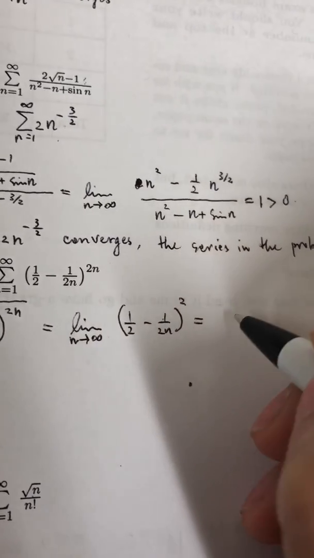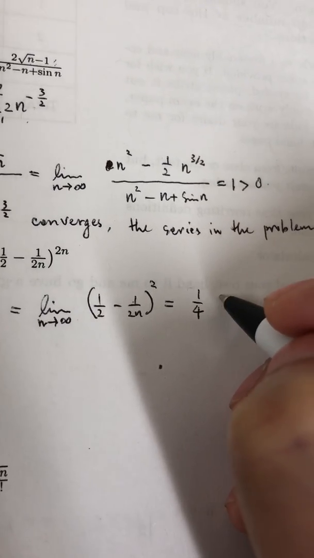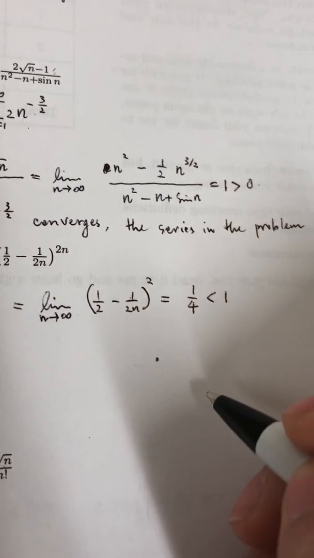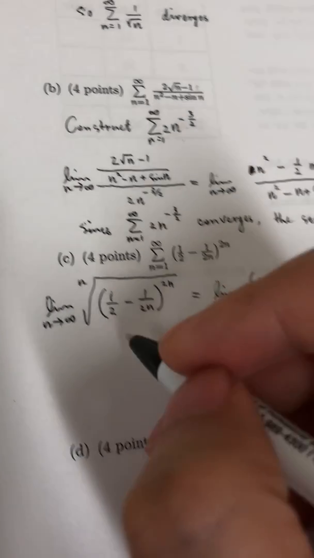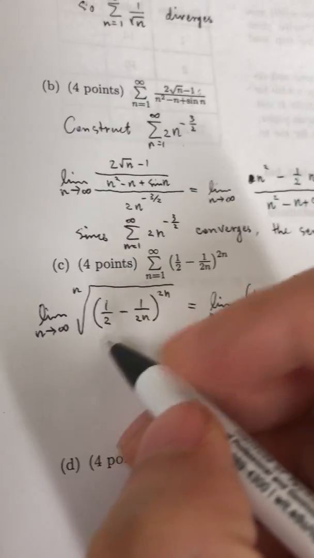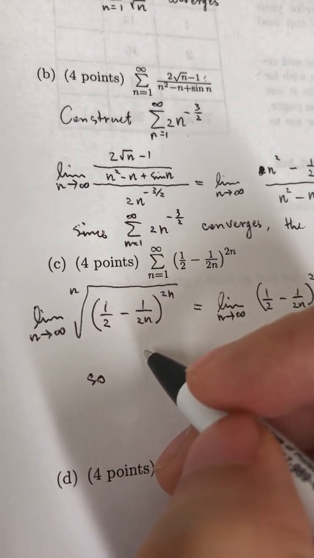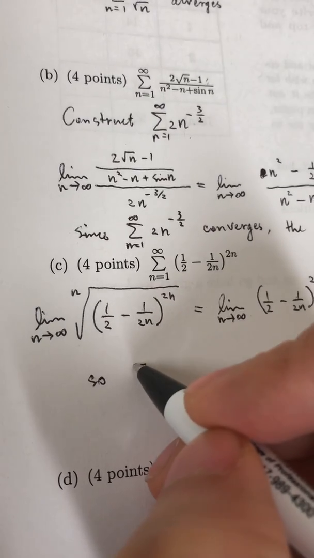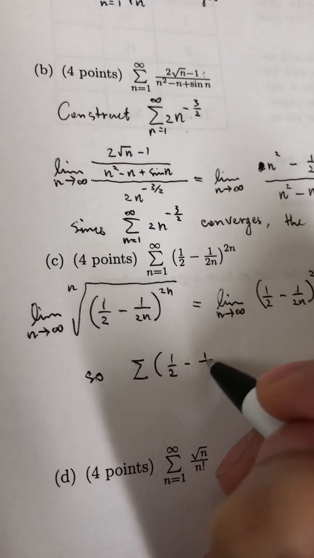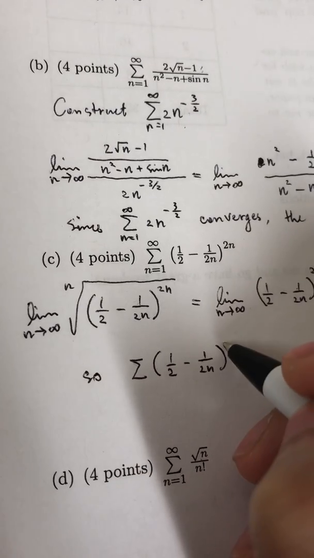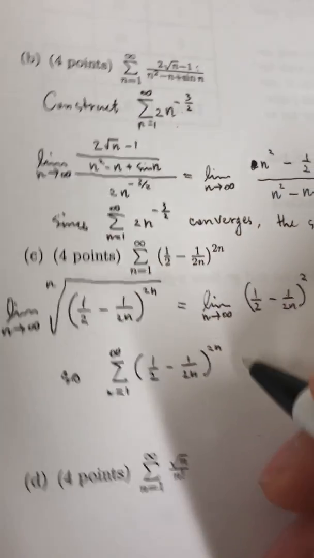Now you take the square, it will be 1/4, which is less than 1. So according to the root test, the series is convergent.